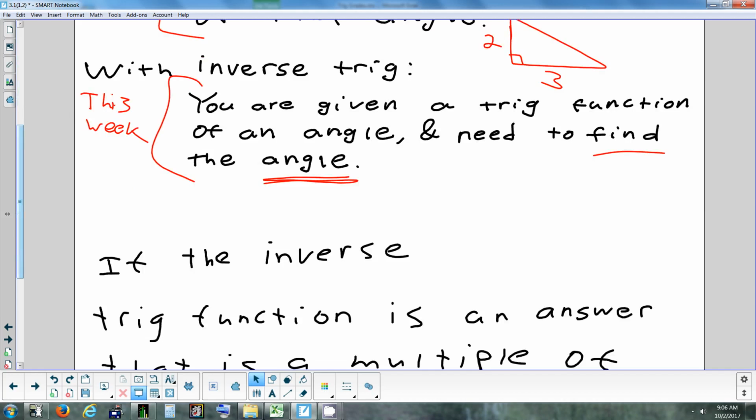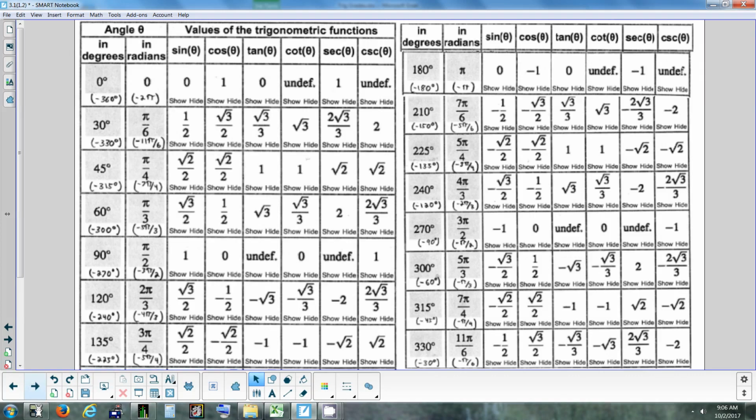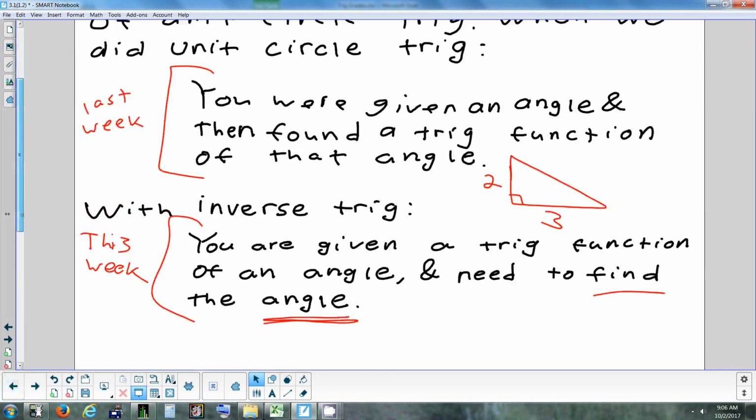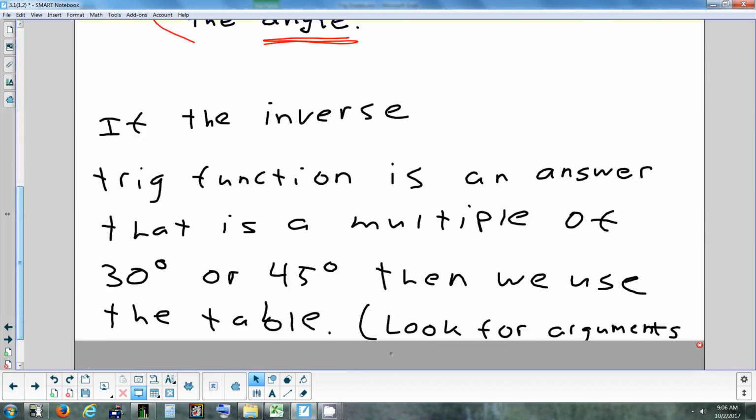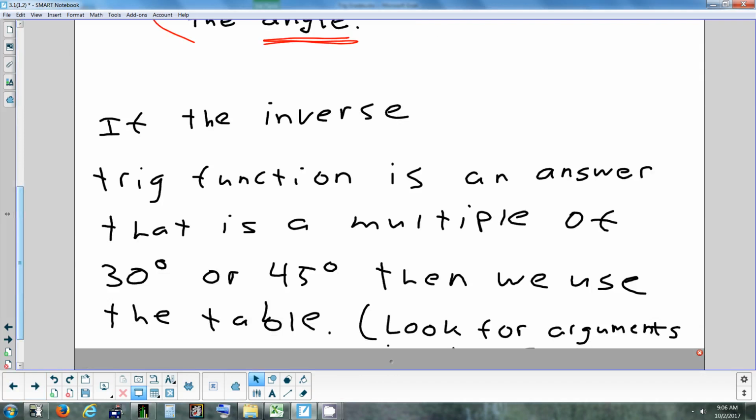All right, so now how do you know when you can use the table that I just passed out? This table. If the answer is a multiple of 30 or 45, you will find it on that table. That's all that's listed. But you might be like, wait, I can use that table if I know the answer is a multiple of 30 or 45, but that's what you're trying to find.